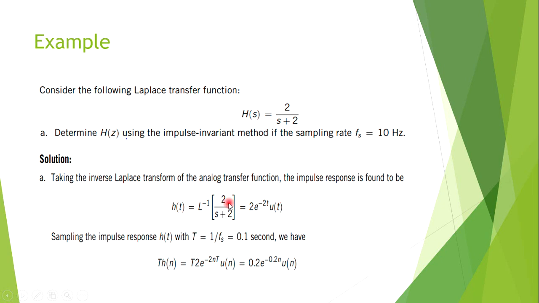So using the properties of inverse Laplace transform, if we are given the transfer function as a over s plus a, it will come out to be a into e to the power minus a t u of t.